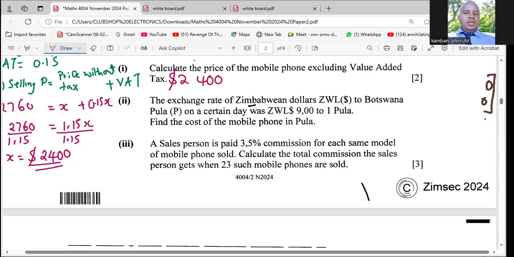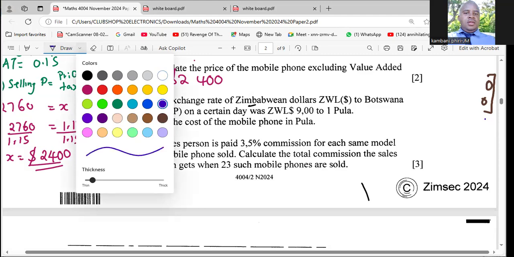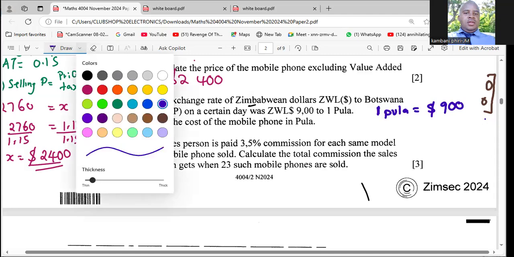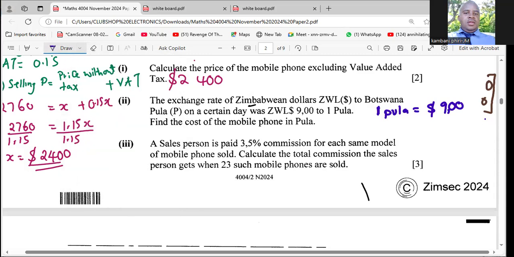So we know that 1 pula is equal to $9. So there's a comma here.